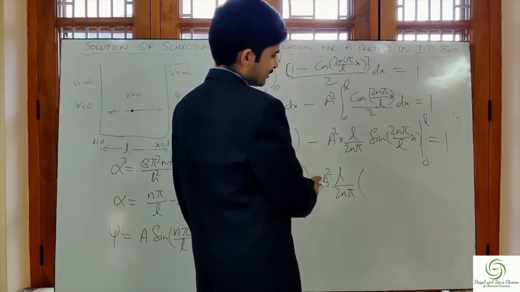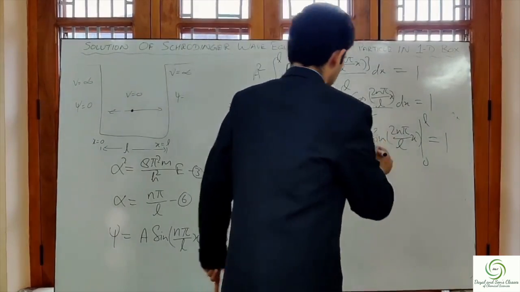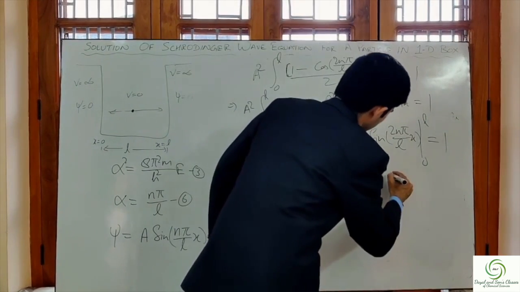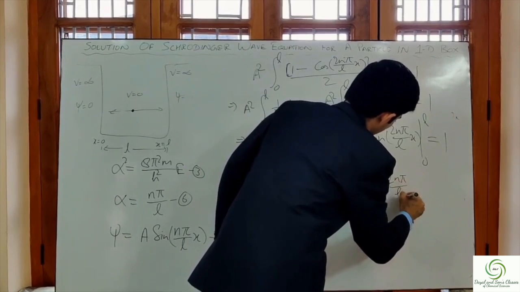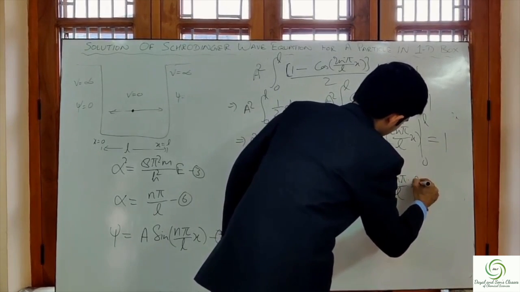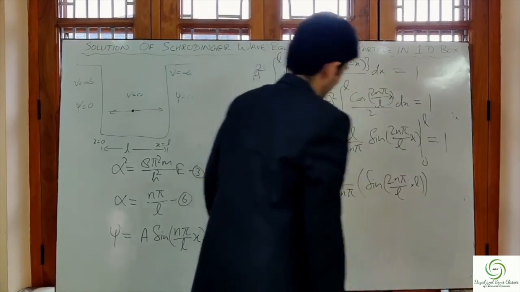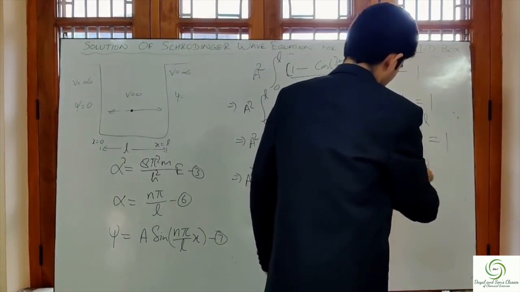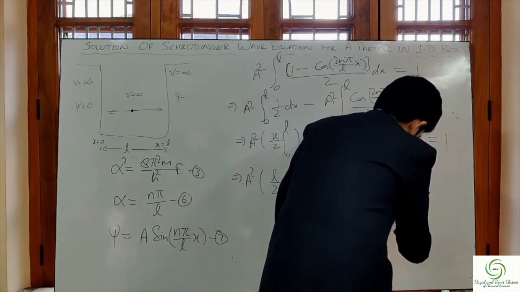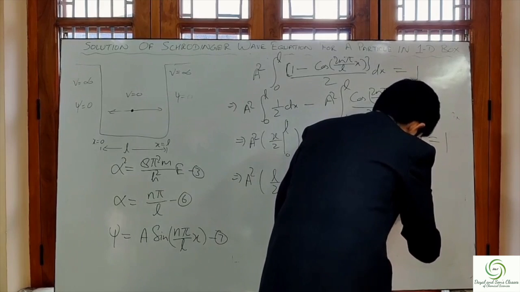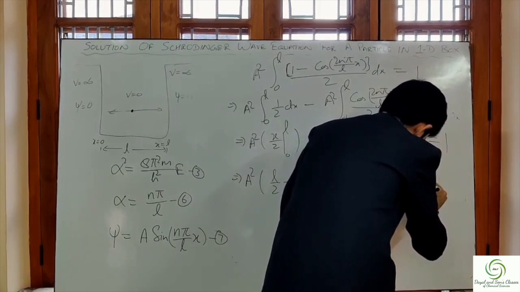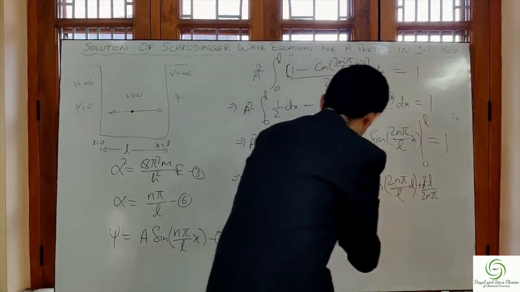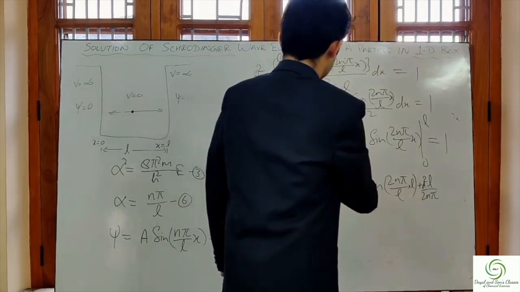Since there is a minus sign already here, I keep this outside, but I can write sine 2 n pi upon L into L, and plus, it will come 4.